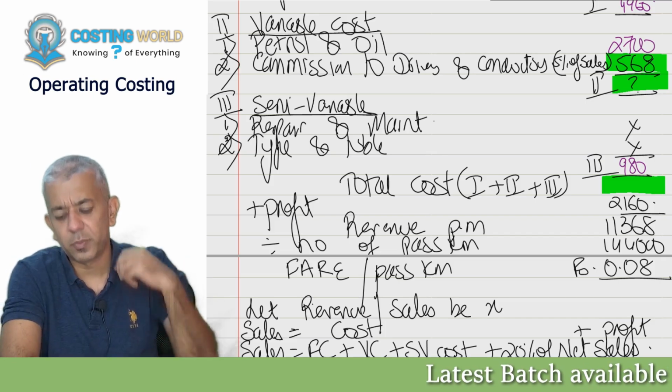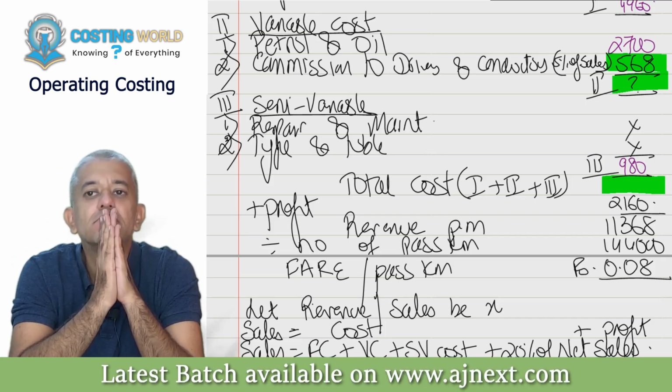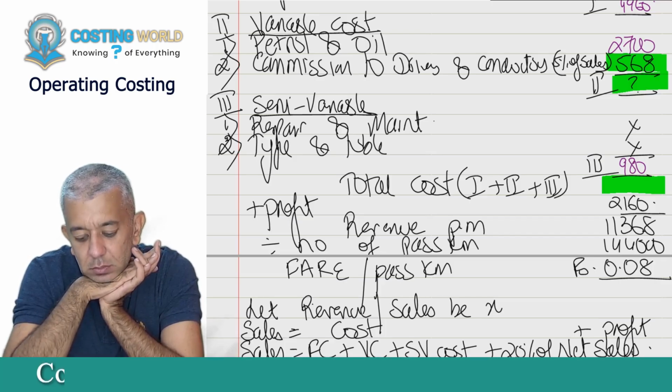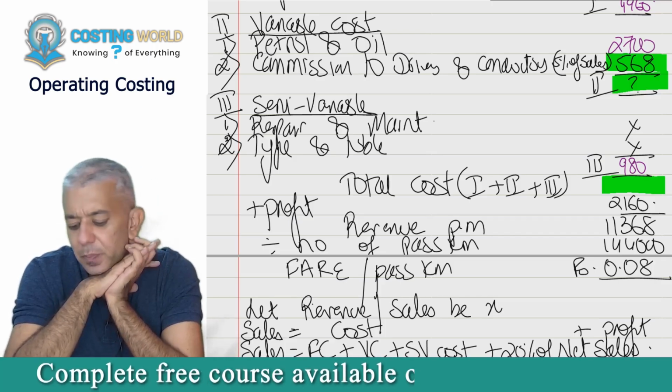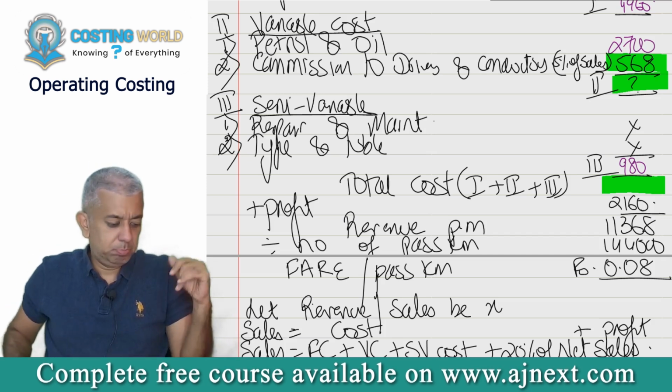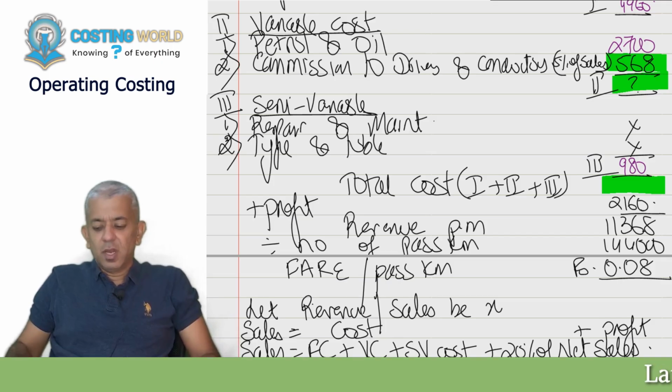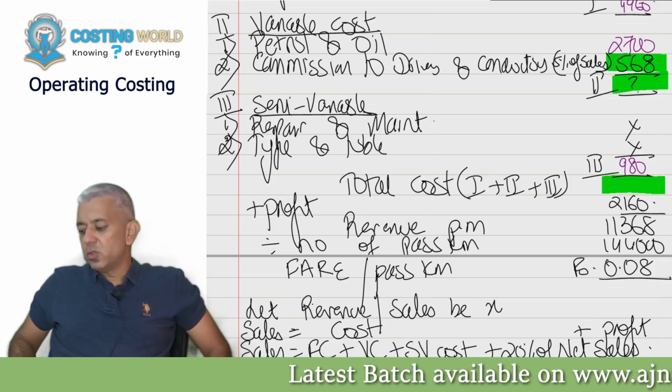Once you complete, do let me know. Done? Yes, sir. Everybody please complete, then let me know. We are just substituting wherever it is your revenue. Revenue means your sales, that is X, no?